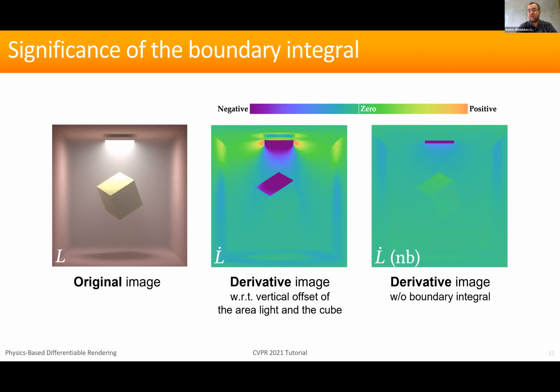For example, if here I was looking to optimize for the location of this object, figure out how to move it up and down so that I can match my image, if I ignore the discontinuity terms, I will always be getting zero gradients or near zero gradients that effectively will not let me move the object anywhere. My optimization will get stuck and I will never recover the correct pose of this object.